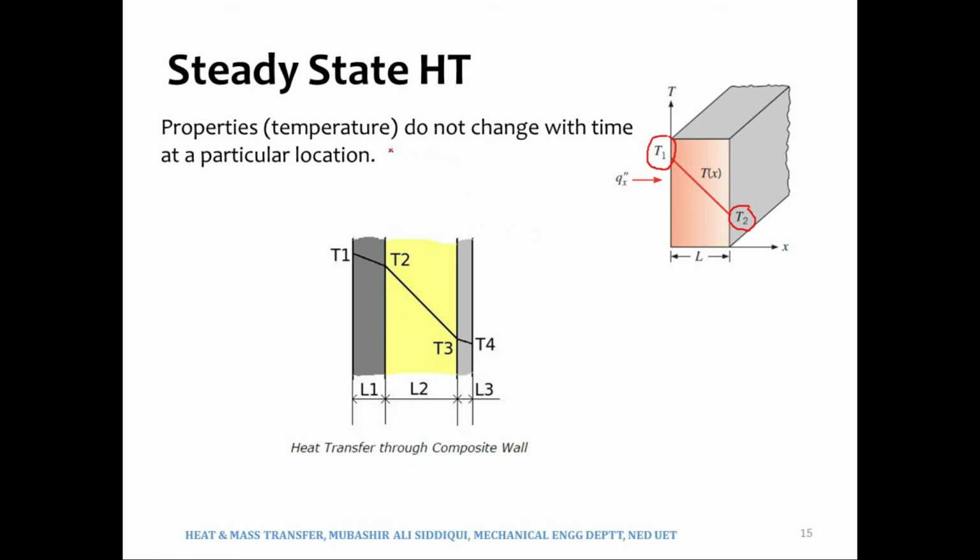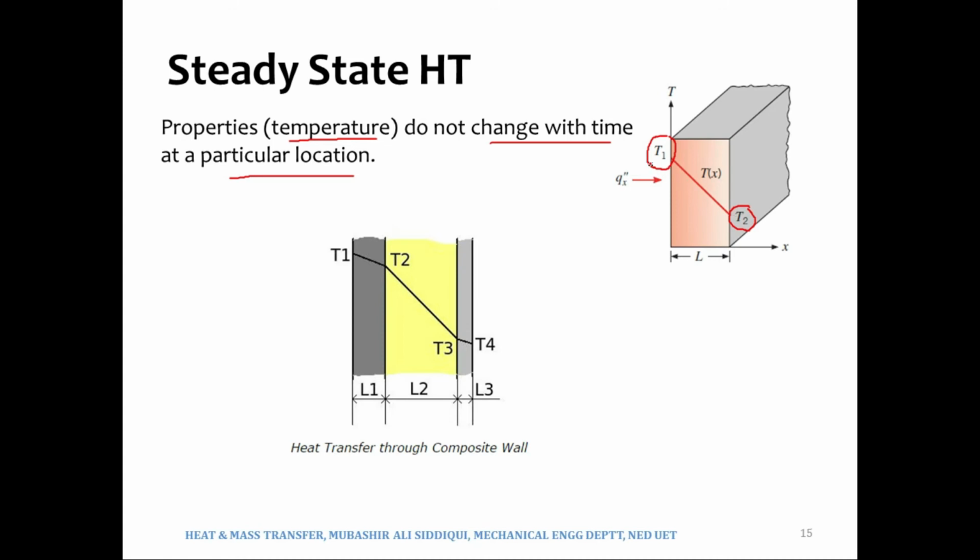So the properties, and by properties we mean the temperature in heat transfer, if the temperature is not changing with respect to time at a particular location. This is very important because of course the temperature would vary with location. If the temperature does not vary with location, the heat will not be transferred.